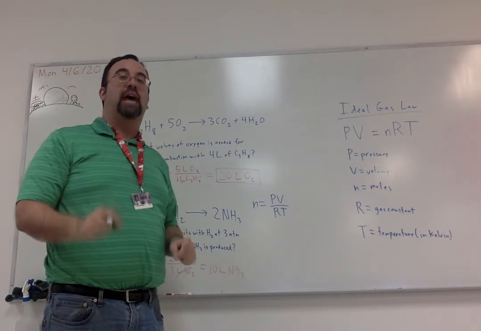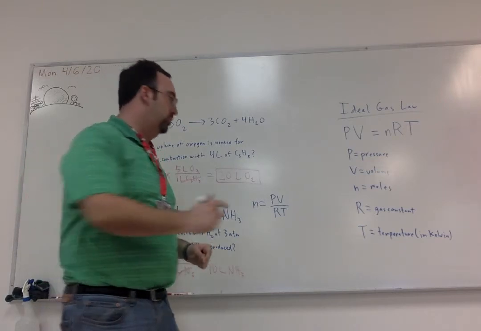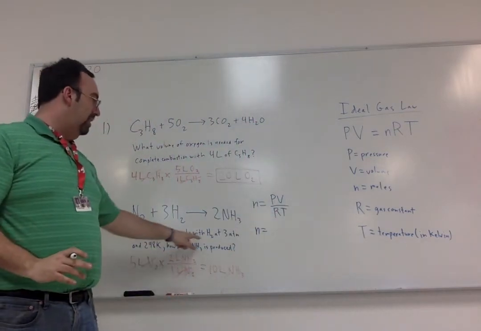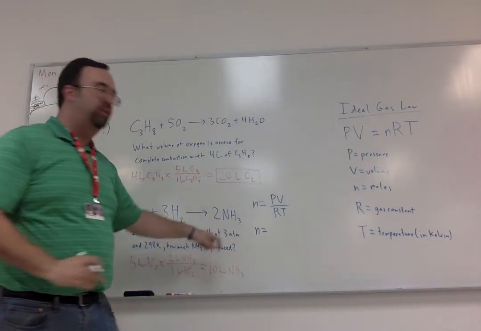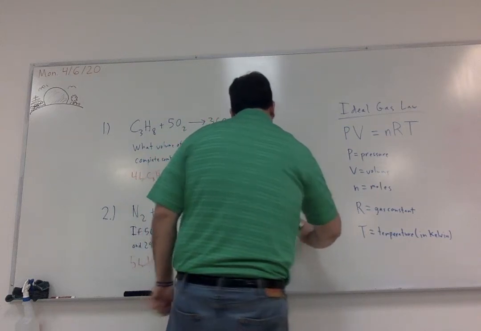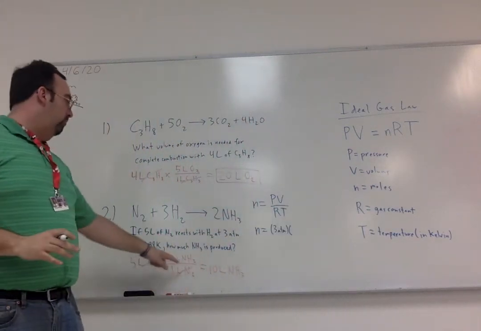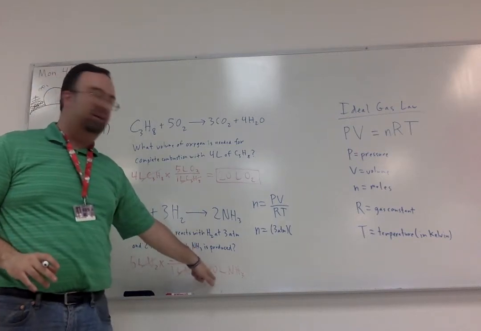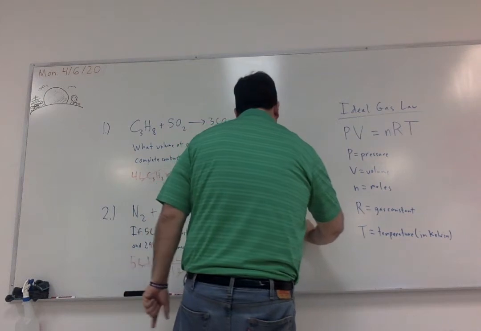So I need to now solve for the number of moles. I'm told in my problem that the gas is at a pressure of 3 atmospheres. So I'll put 3 atmospheres for the pressure. The volume we have now calculated for the ammonia is 10 liters. So we'll use this number and plug it in right here.